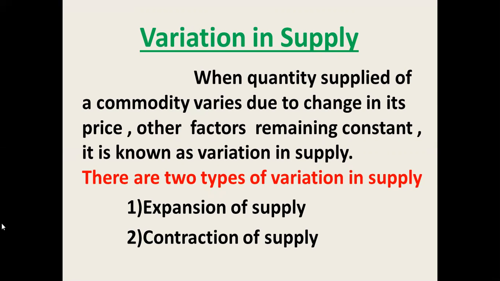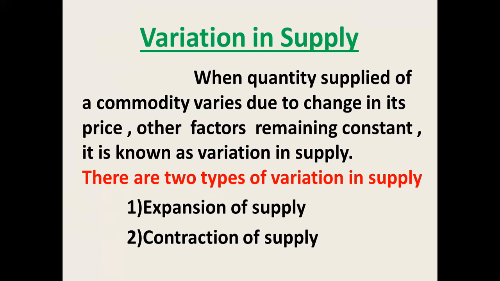But in variation in supply, we assume that these other factors remain constant: the prices of inputs, taxes, and technology. Only a single factor, the price, changes. That's why the supply of the commodity changes, and that is called the variation in supply.